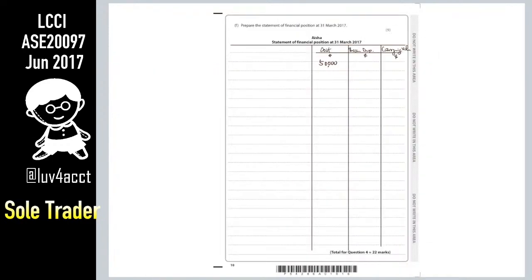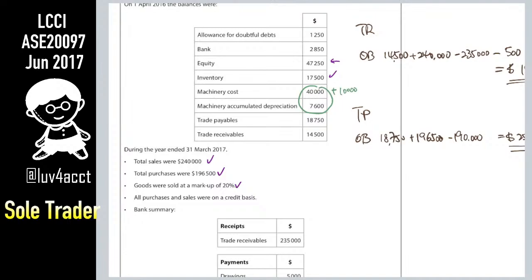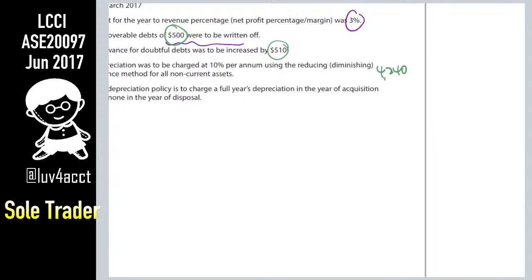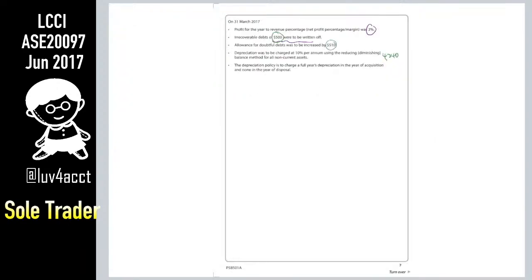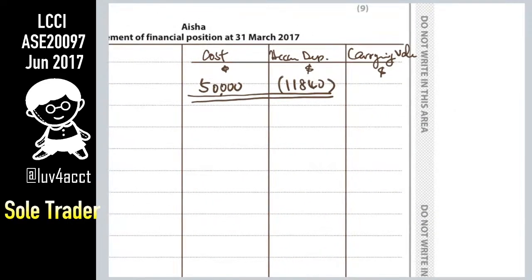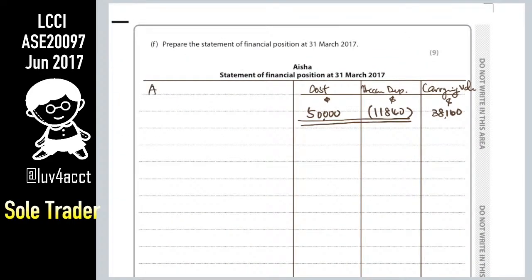Okay, and what is the amount? 7600 and then 4240 for accumulated depreciation. Okay, so we have 11840. Okay, that would give you 38160. Okay, and this is asset.